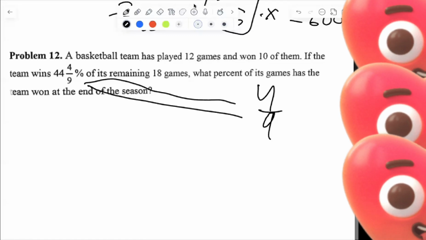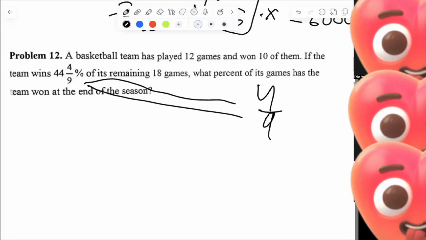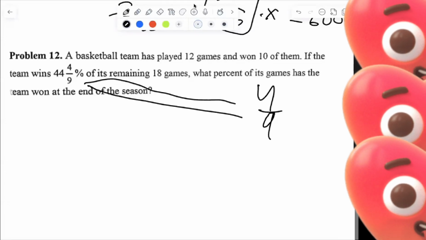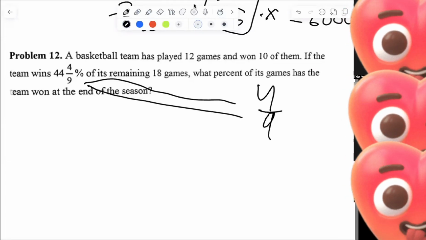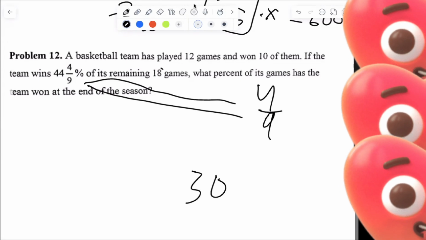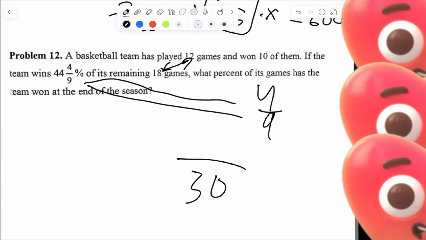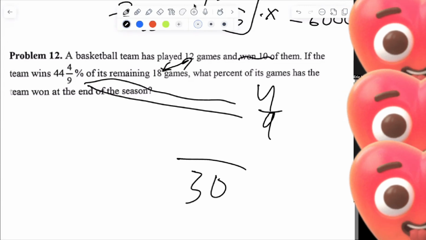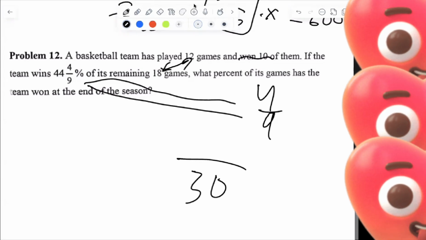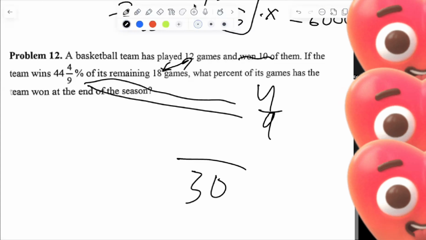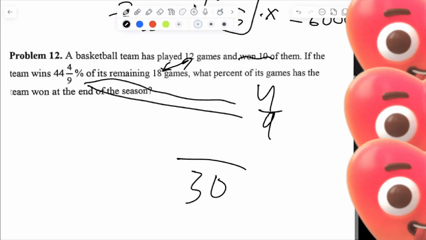Let's get started. So basically, how you're supposed to do this question is, the total is 30 games. 18 and 12 added up is 30 total games. 10 of them were won of the 12 games, and 4/9 of the remaining 18 games are won.